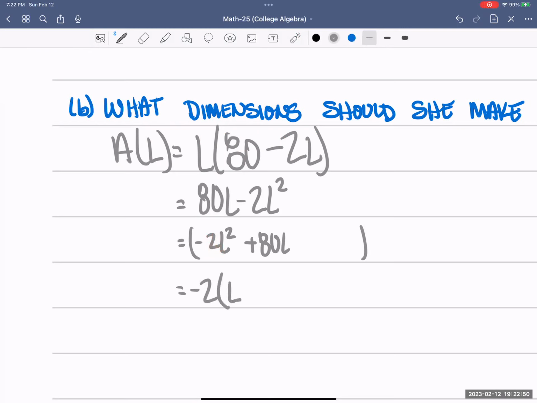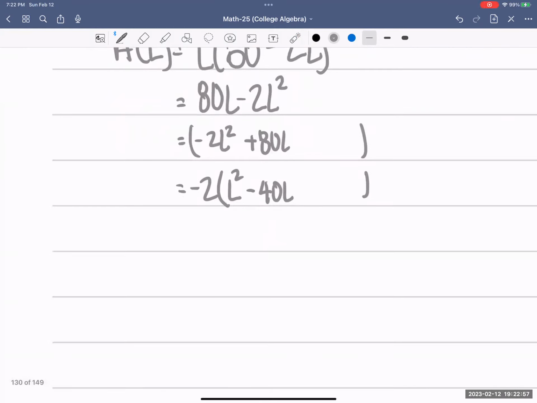So we have L squared minus 40L. And here we're going to find our magic number, half of B squared. So half of -40 squared. -40 divided by 2 is going to be -20 squared, which is 400.